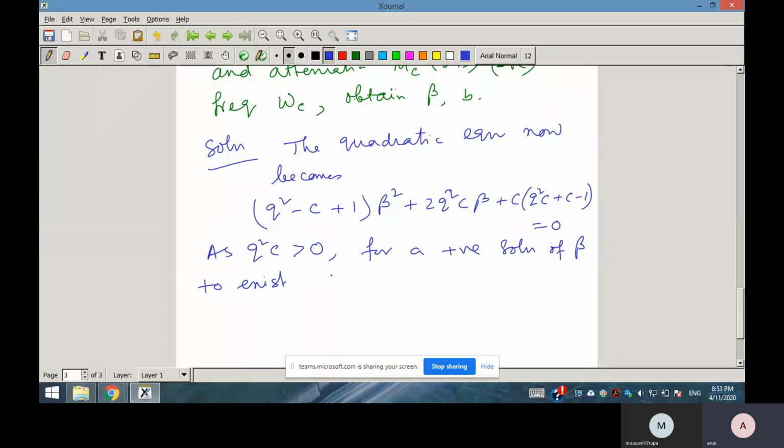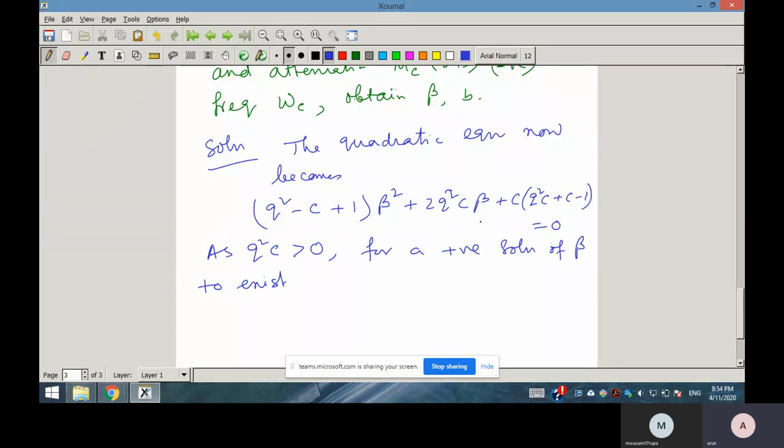In case of lead controller, you can compare the equation with a standard second order equation, a x square plus b x plus c. Suppose b is greater than 0, like here Q square C greater than 0. Then what is the condition for existence of at least one positive root?